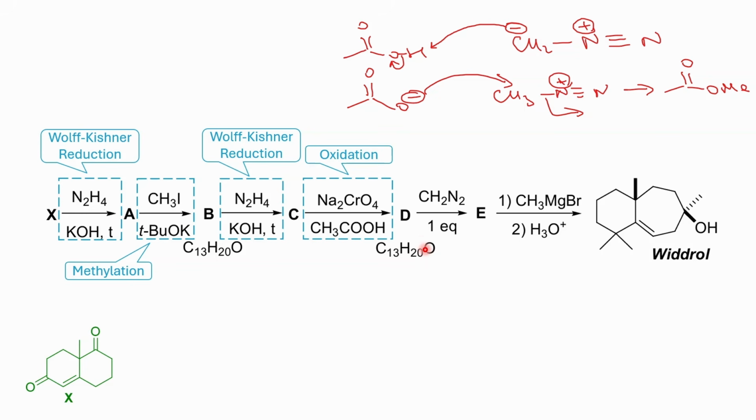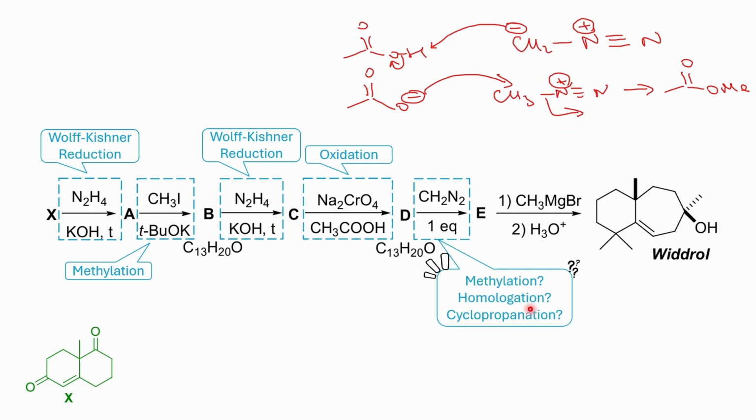We cannot have a carboxylic acid because it should have at least 2 oxygens, right? But that's the most typical role of CH2N2. There's Arndt-Eistert synthesis, which means homologation: you add a CH2 group and enlarge the chain. But for that, we need an acyl chloride, and we don't have any chlorine in D. And also it could be cyclopropanation. So I'm just putting here all the possible things that could happen: methylation, homologation, or cyclopropanation.